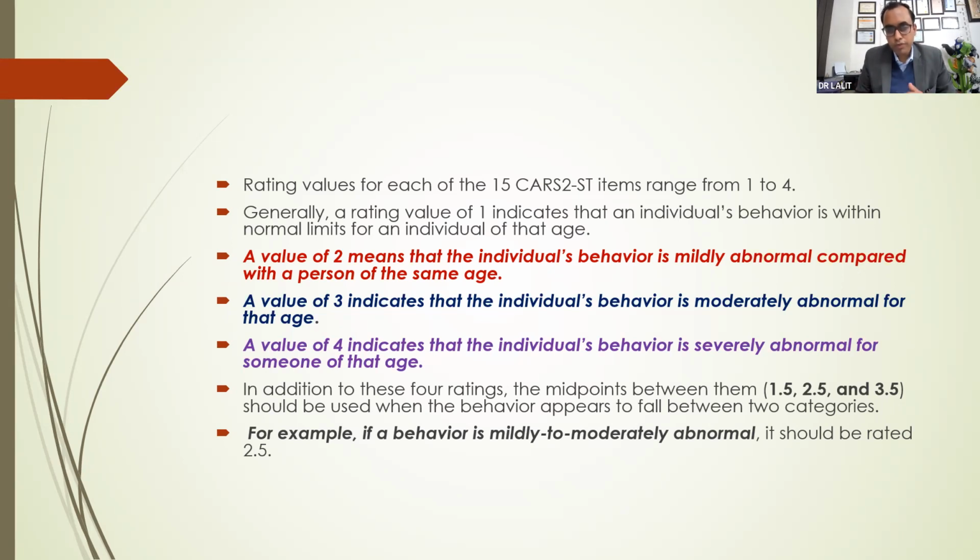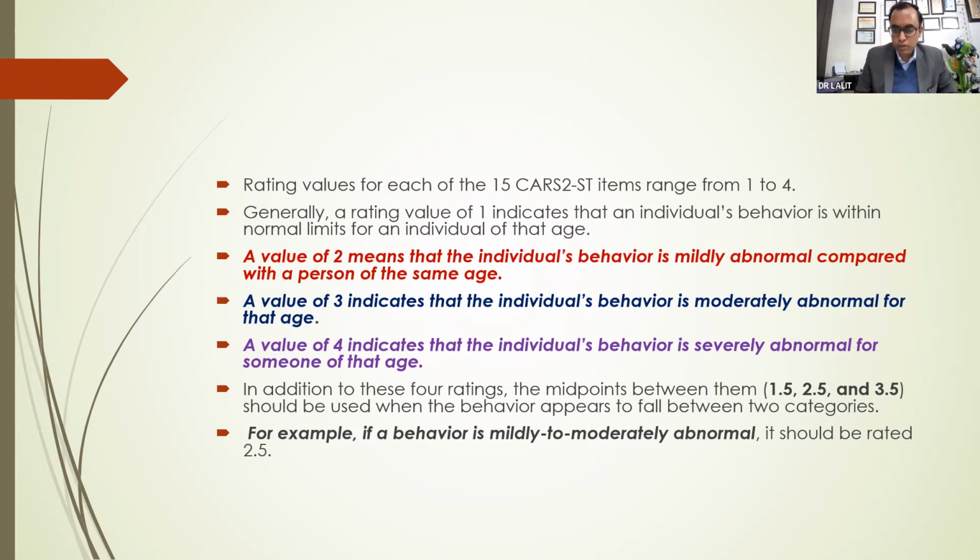So scores of 1.5, 2.5, and 3.5 have also been included in this scoring of 1 to 4. For example, a score of 2.5 would be mildly to moderately abnormal. He is not exactly moderately abnormal, and he is a little beyond mildly abnormal, so he does not fit into 2 or 3. He fits somewhere between 2 and 3. That is called 2.5, mildly to moderately abnormal.